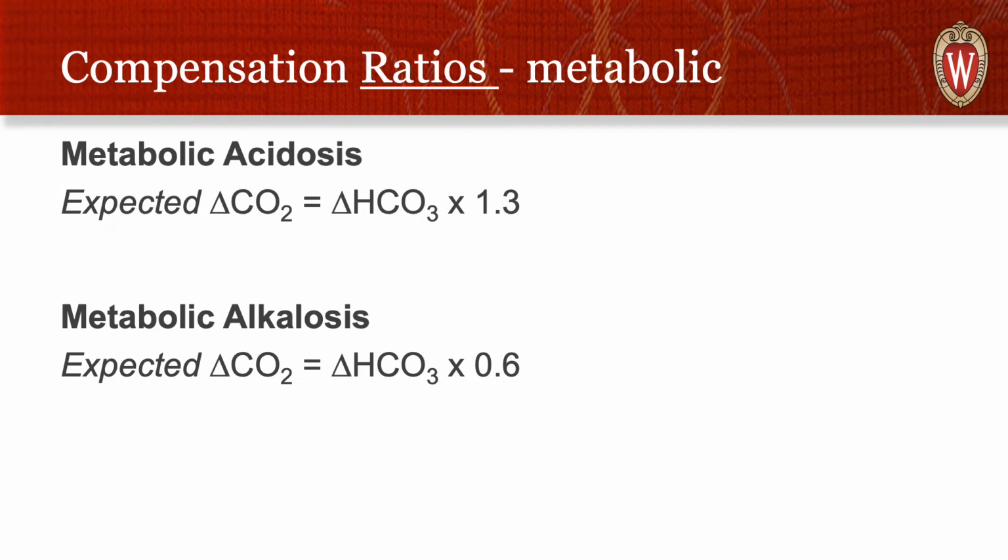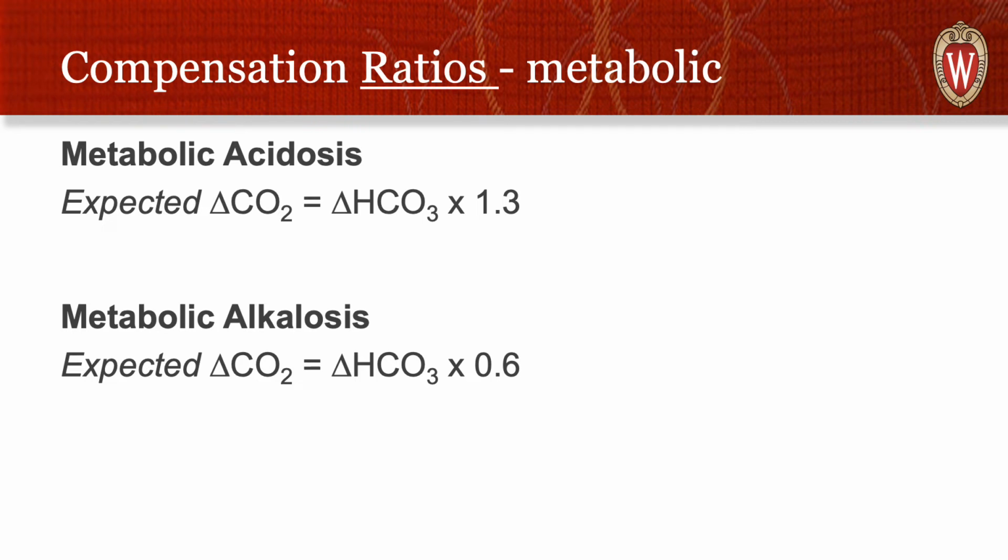For metabolic alkalosis, the expected change in CO2 is the change in bicarb times 0.6. Some textbooks or articles will put this as 0.7, and I've even seen bicarb times 0.8 before, but the most common one is 0.6.